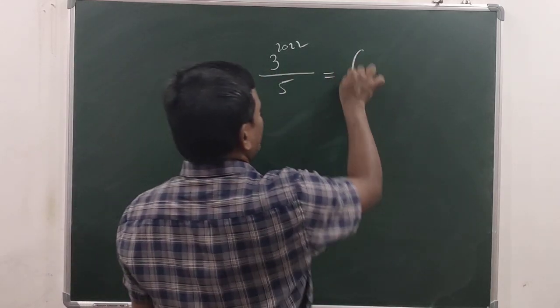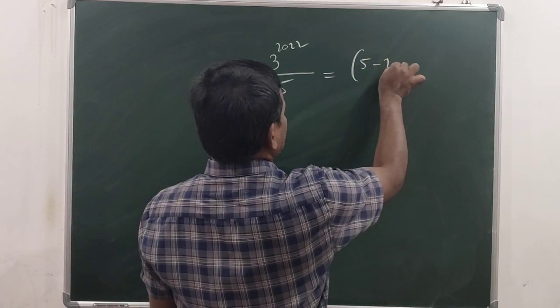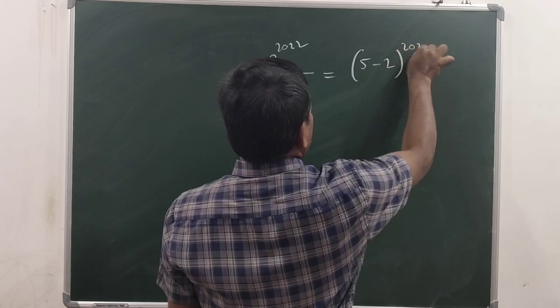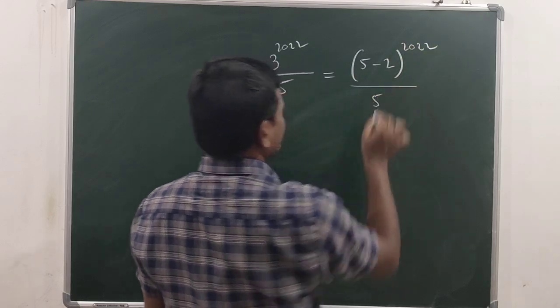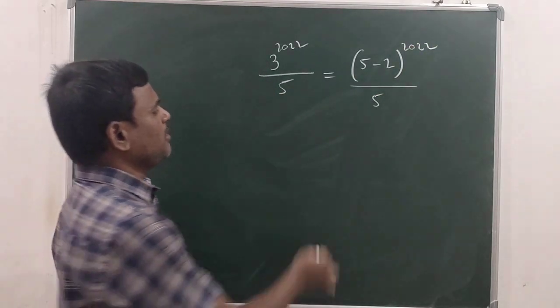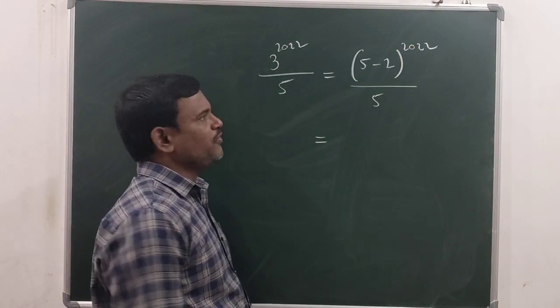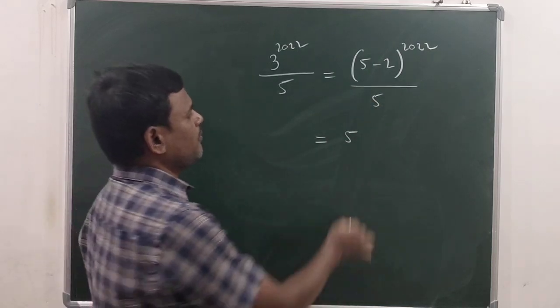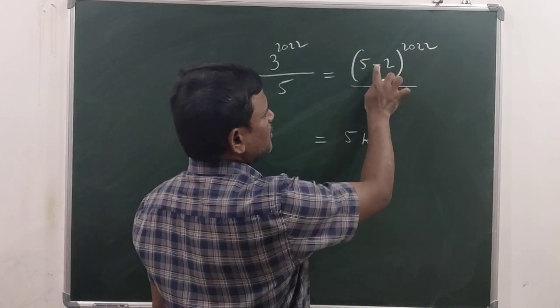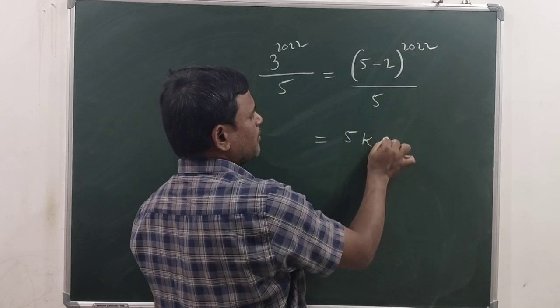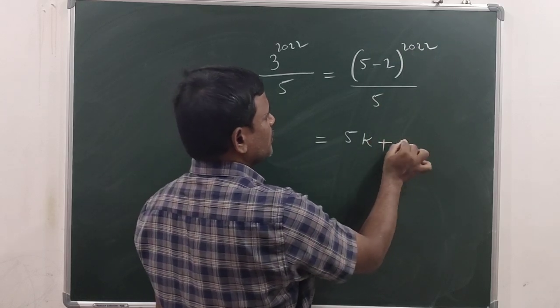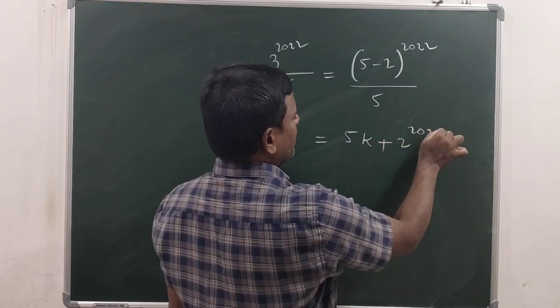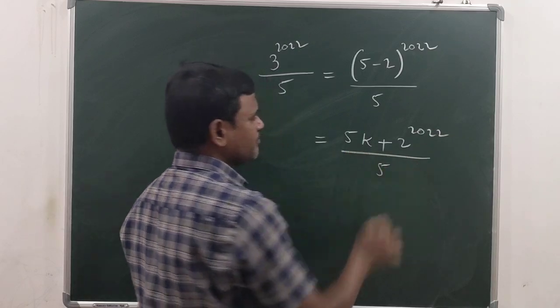Now this 3 you can write as (5 minus 2) whole power 2022, by 5. Now apply the binomial theorem for this. If you apply it, you get 5k minus, here it is minus but the power is even, so you will get plus 2 power 2022, by 5.